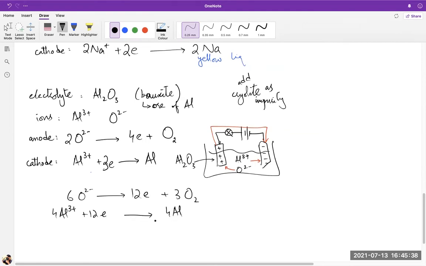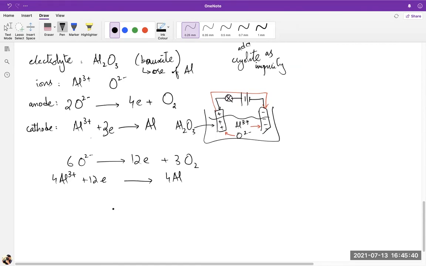And there you go. We are going to use aluminum oxide and we're going to get this much aluminum. How much aluminum and oxygen will you get? The ratio will be 3 to 4 and the electrons are balanced. So you will get oxygen coming out and aluminum on the other side, which is a silvery metal, and you're good to go.